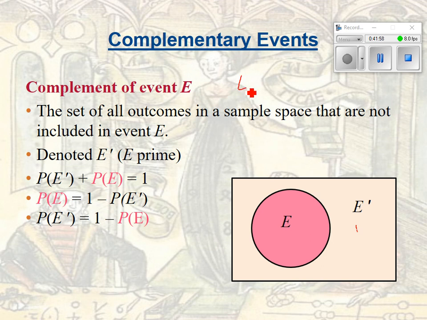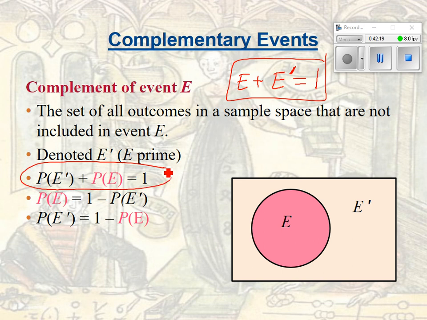The event plus the event's complement, that's what this little tick mark means, always has to equal one whole. That's what this first one says. The rest of them are just offshoots of that, just subtracting something off.